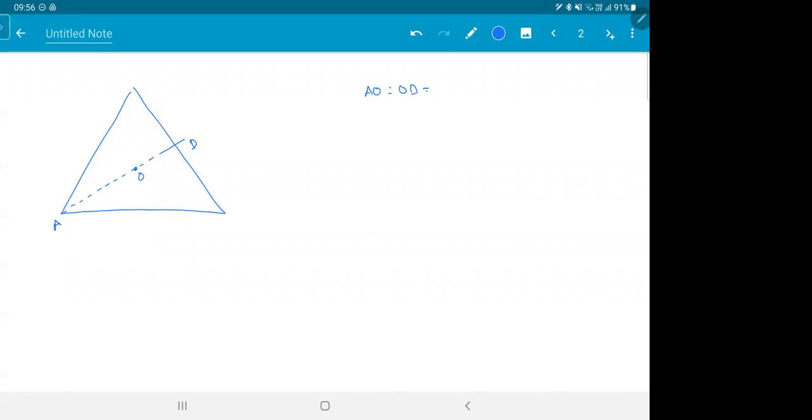AO and OD is 2:1. So AO will be 2/3 of the height. Height is √3a by 2, so AO is a by √3. OD will be 1/3 of the height, which is a by 2√3.